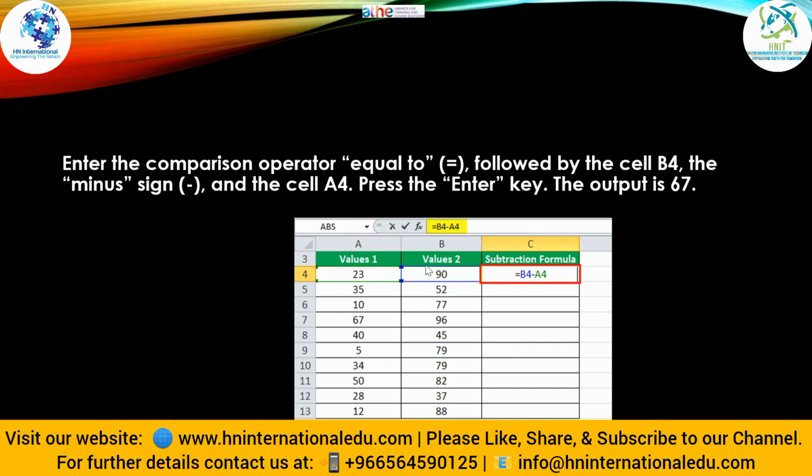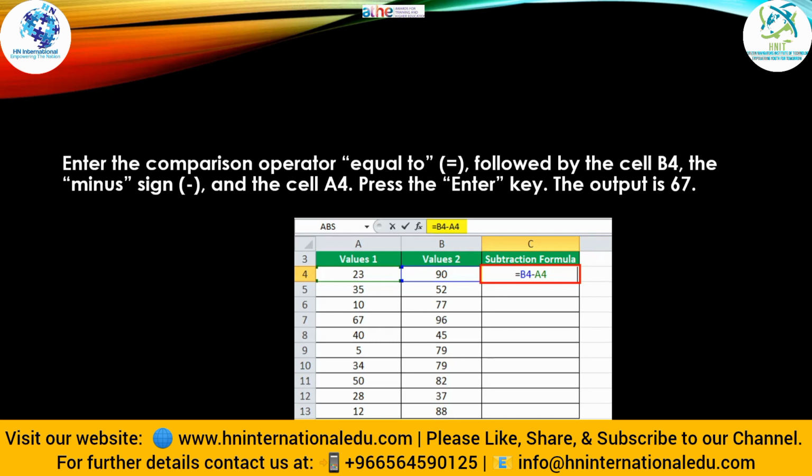Its value is 90. It will take 90 minus A4, A and 4, which is 23. So 90 minus 23, and its result will be 67. When you press enter here, it will show the results.